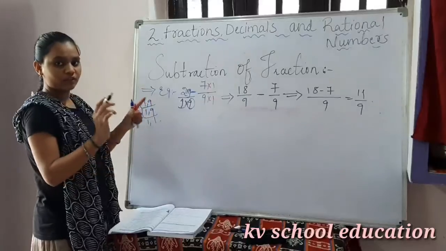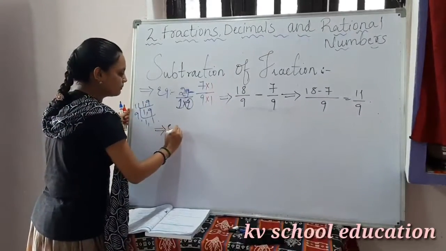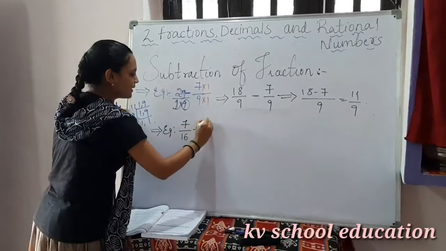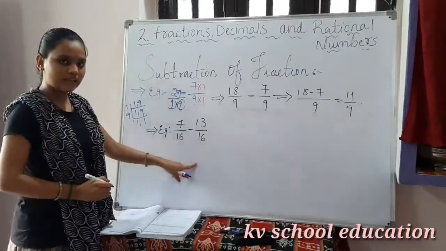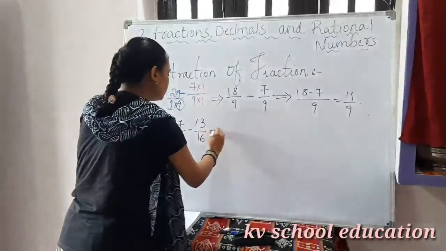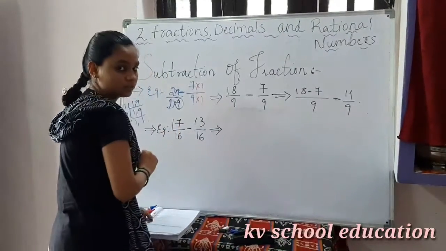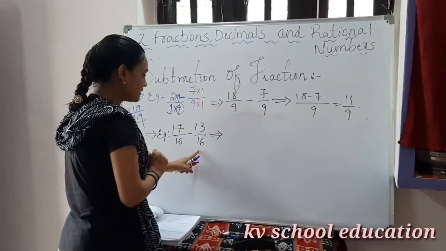And now subtraction of a fraction by a same fraction we will take. Example, 17 by 16 minus 13 by 16. These are like fractions, so simply we can do it.